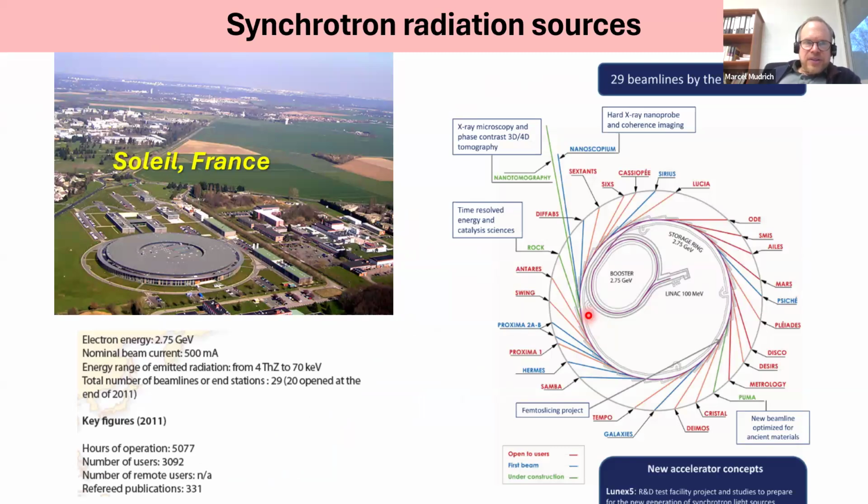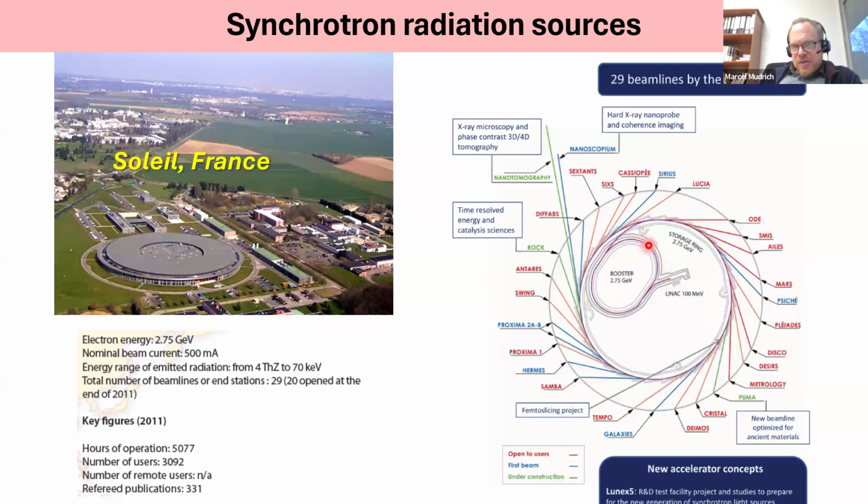There are many large-scale synchrotrons around, like this one, Soleil in France, near Paris. You can see that the concept is always the same. There's the main accelerator ring here, which at Soleil operates at 2.75 giga electron volts.